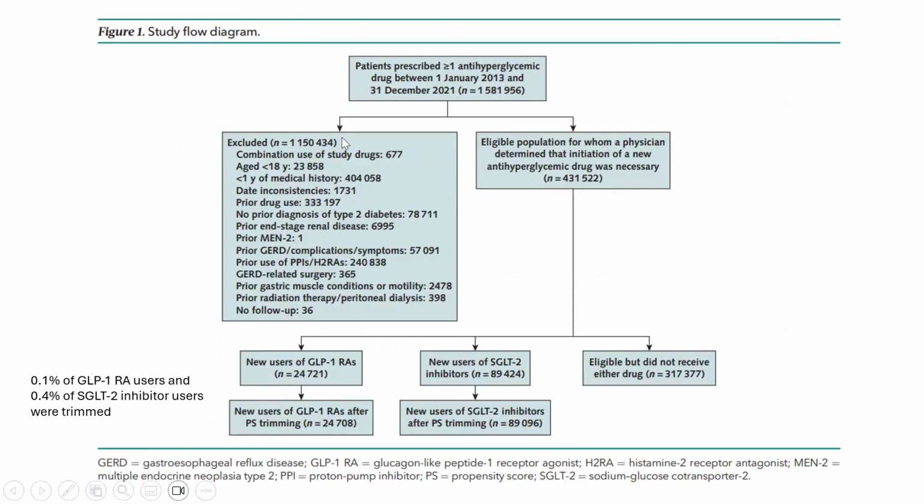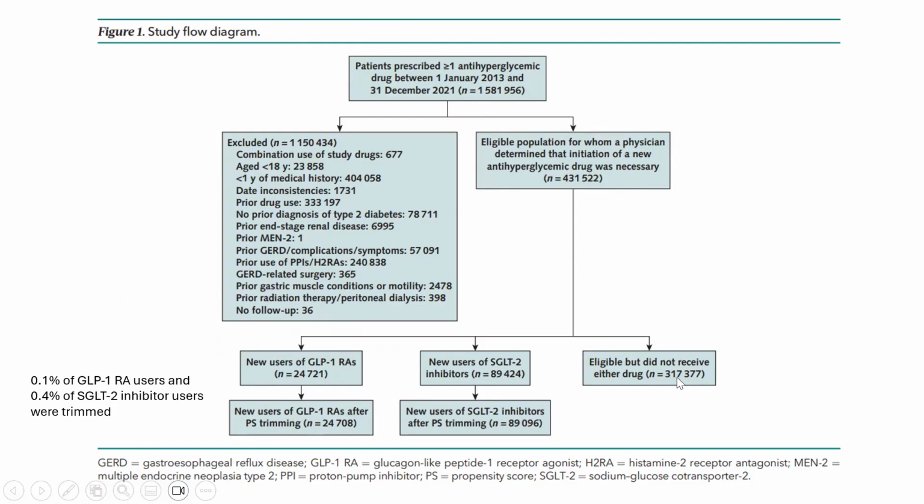So this is the flow diagram. These are the patients who have been prescribed more than one anti-hyperglycemic agent. And out of them, by applying the inclusion and exclusion criteria, they have chosen this many patients to be the eligible population. Among them, 24,721 were given a GLP-1 receptor agonist, and 89,424 had received an SGLT2 inhibitor.